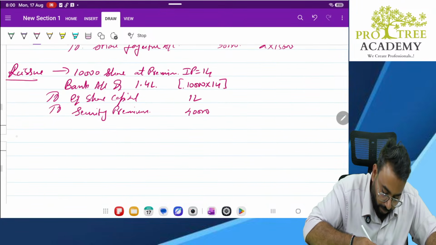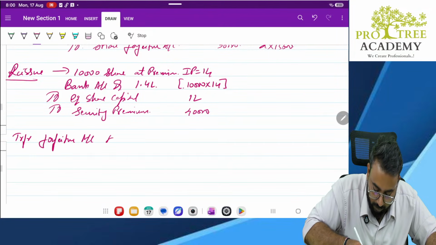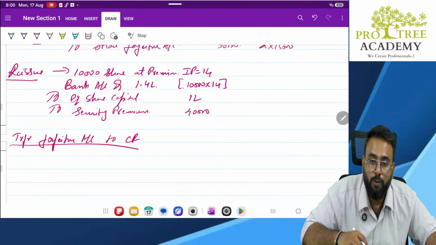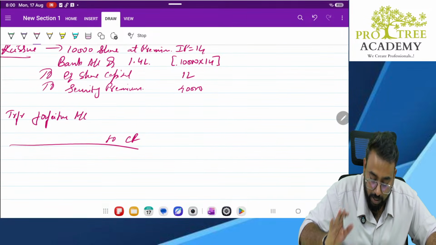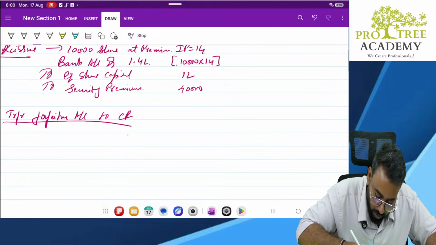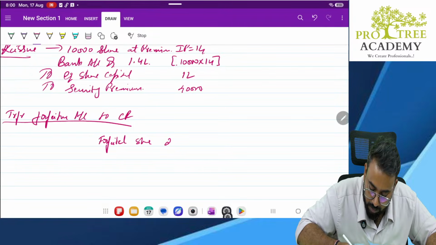Next. We have to transfer forfeiture account to capital reserve. Correct or no? Not entirely. Only to the shares which have been reissued. Forfeited shares, how much? 15,000.